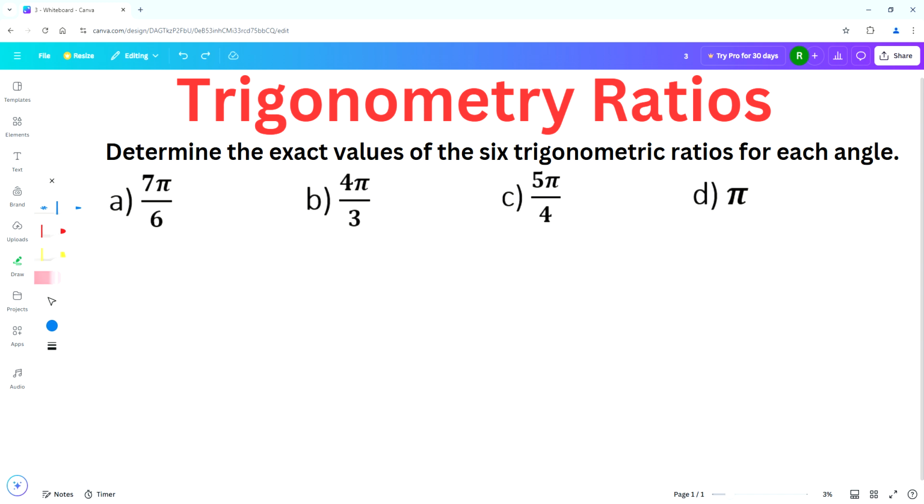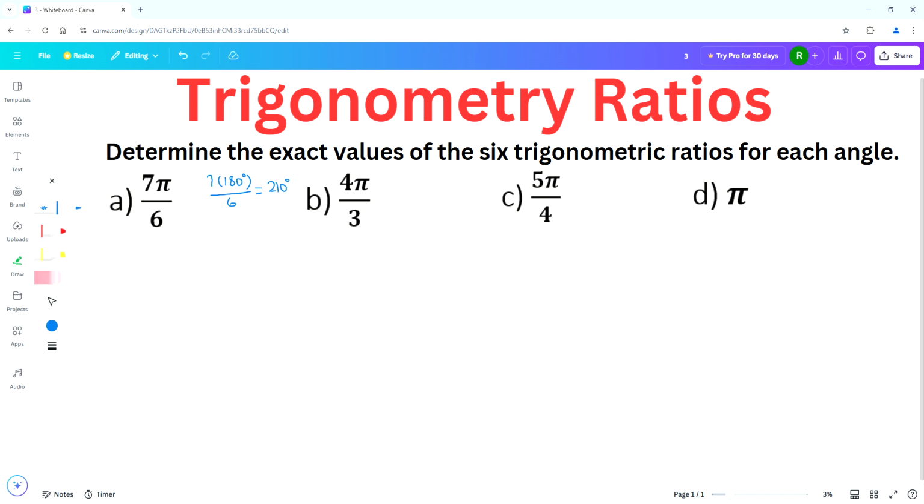If you're not able to figure that out from the radian value of the angle, you can convert it to degrees. You can convert 7 pi over 6 radians to a degree angle by replacing pi by 180 degrees. This expression is equal to 210 degrees.